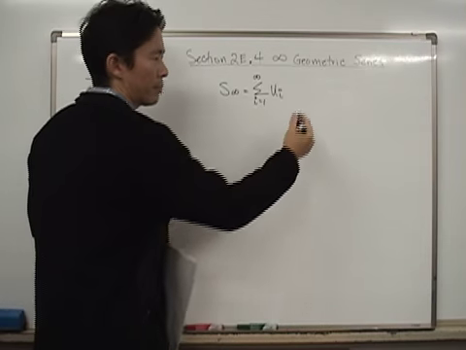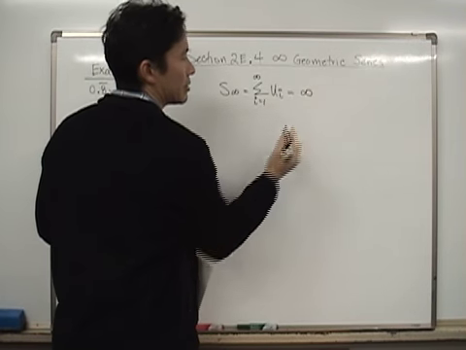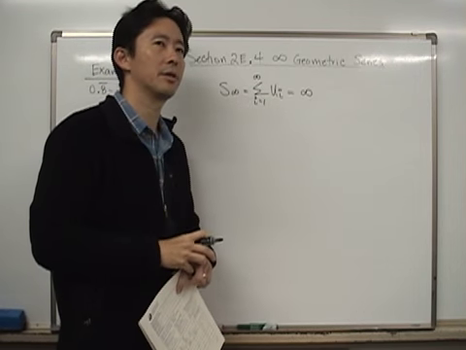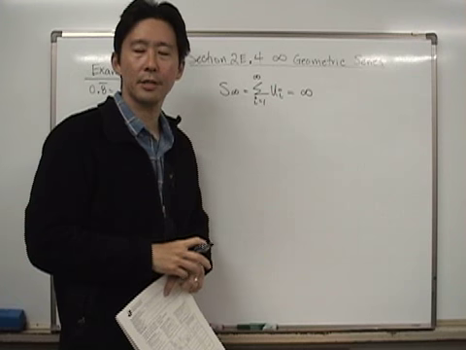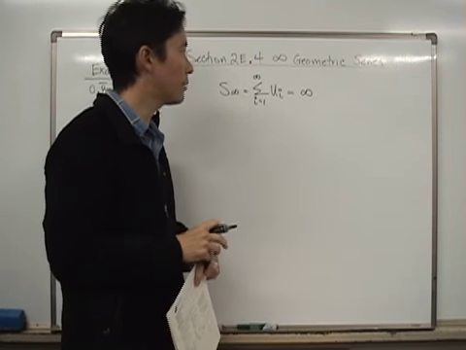I think it's rather intuitive to say that if we're going to add up an infinite amount of terms, shouldn't that be equal to infinity itself? And it can be.